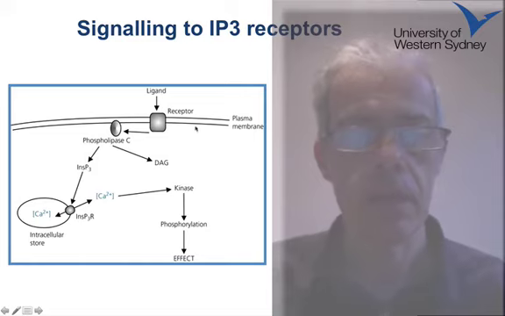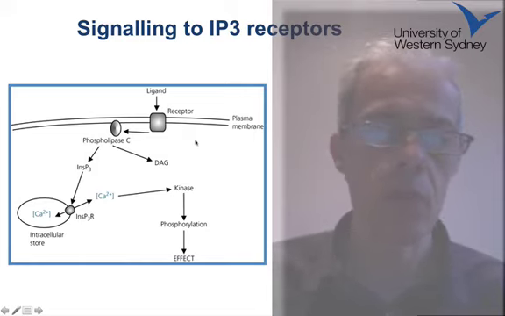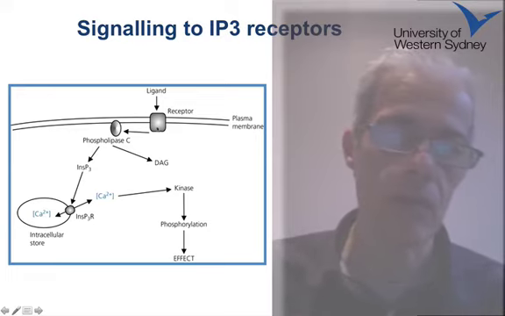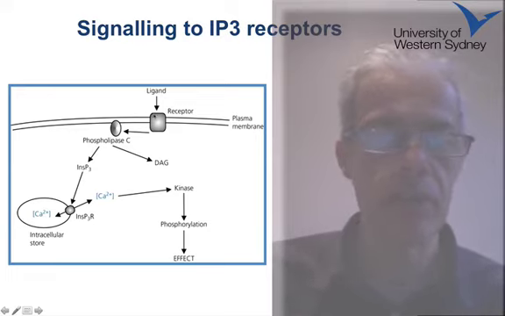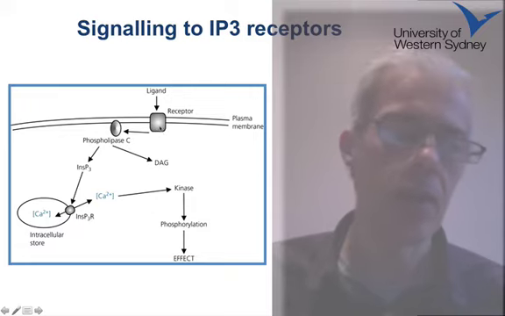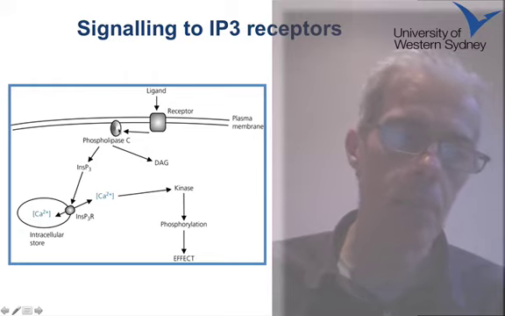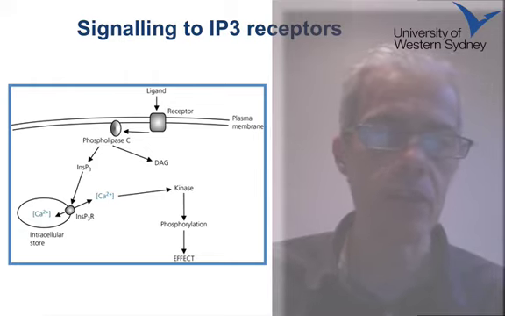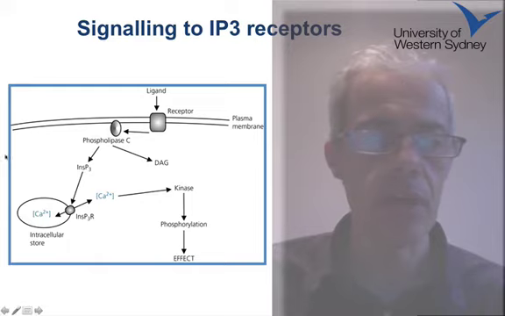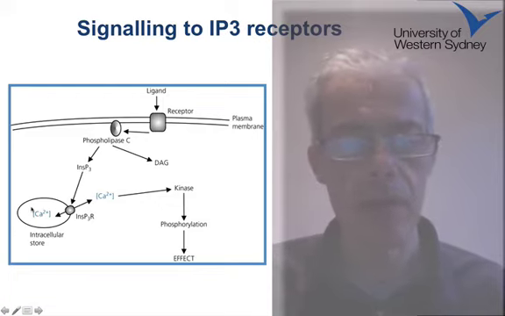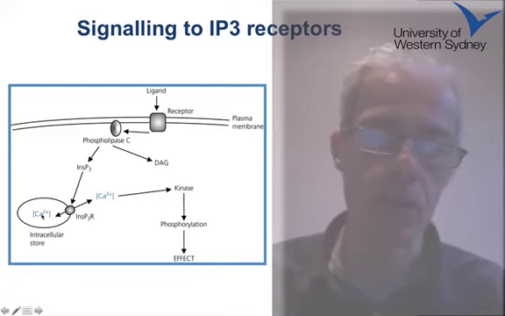And here's a figure which ties in nicely with some of the prior work we've been looking at. So here we have a receptor, it can be a tyrosine kinase receptor or a G protein coupled receptor, which can activate phospholipase C. Phospholipase C cleaves the inositol phosphates to release IP3, which can bind to an IP3 receptor to allow the flux of calcium ions from intracellular stores, such as the ER or the mitochondria.